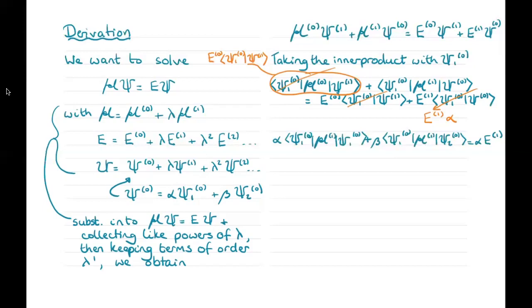And here my psi 0 gave me an alpha psi 1 of 0 over here, and the beta psi 2 of 0 over here.